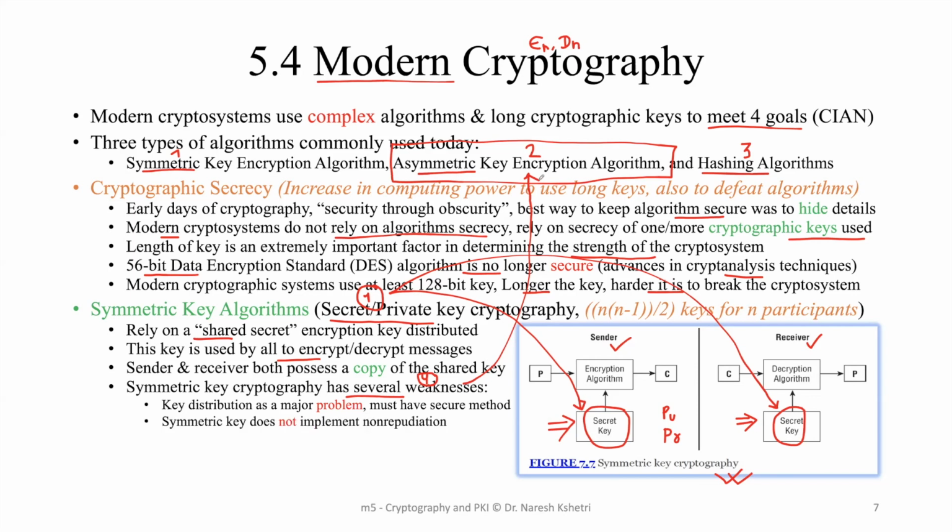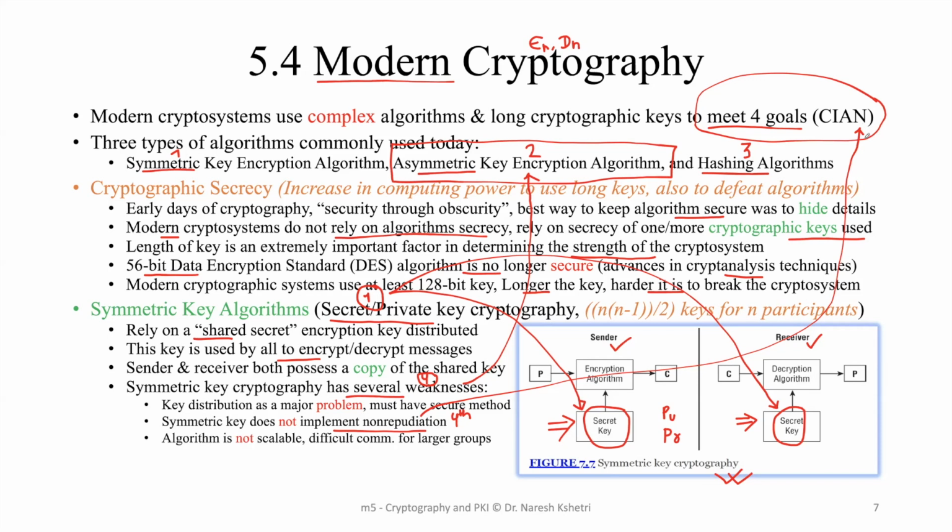The second one is that symmetric key cryptography does not implement non-repudiation. Non-repudiation is the fourth goal of cryptography, CIAN, and it is not implemented by the symmetric key. Because any communicating party can encrypt and decrypt the message with the shared secret key, there is no way to prove where the message originated.